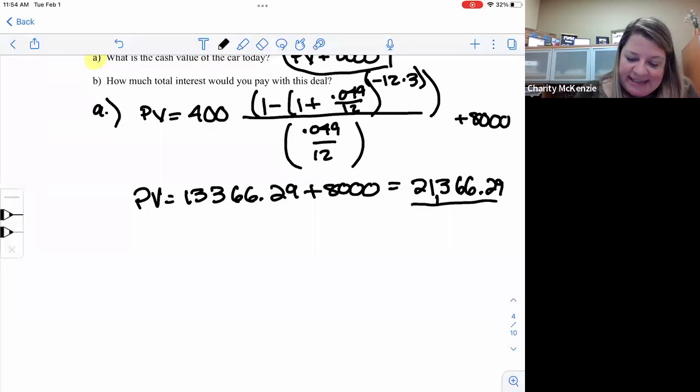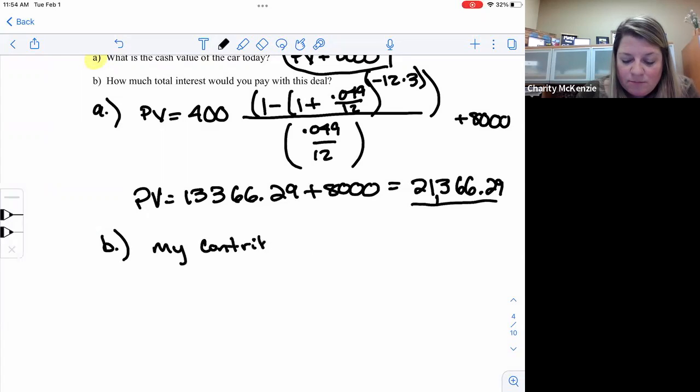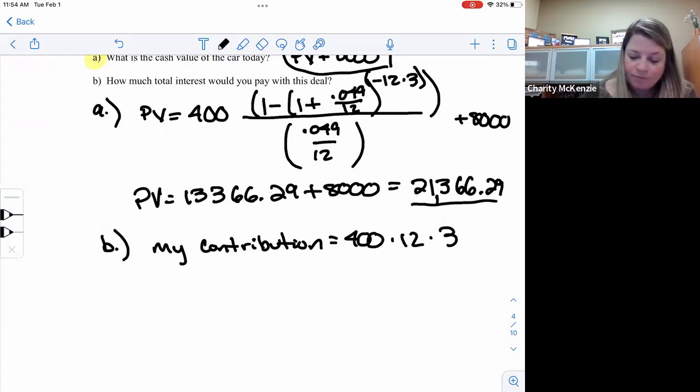Okay, part B says, how much total interest are you going to pay with this deal? All right, so interest again, we have to look at my contributions. My contribution is going to be $400 for payment times 12 times 3. 400 times 12 times 3 is $14,400.